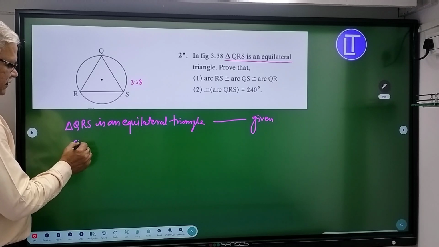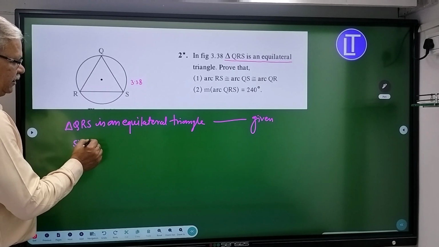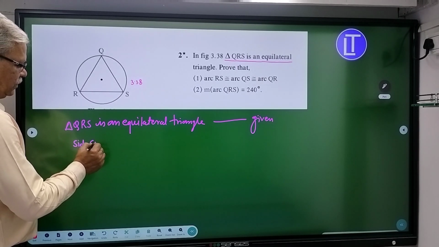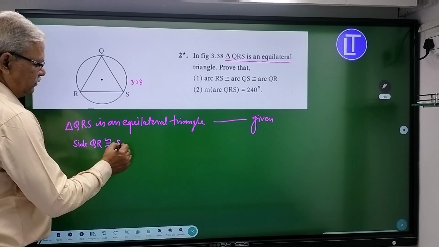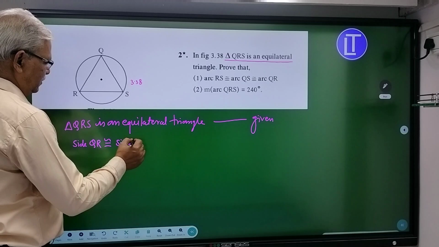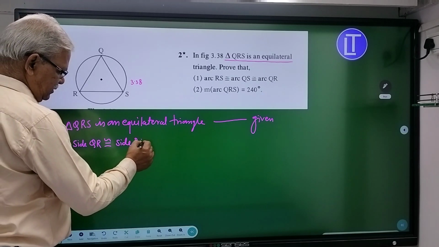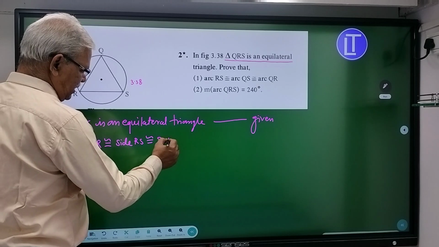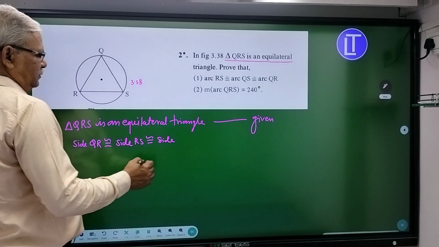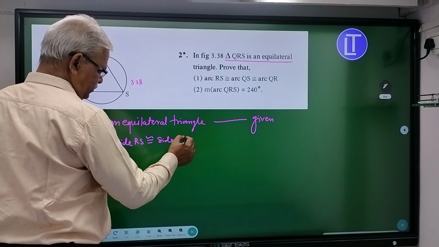All the three sides, side QR is congruent to side RS is congruent to side SQ.